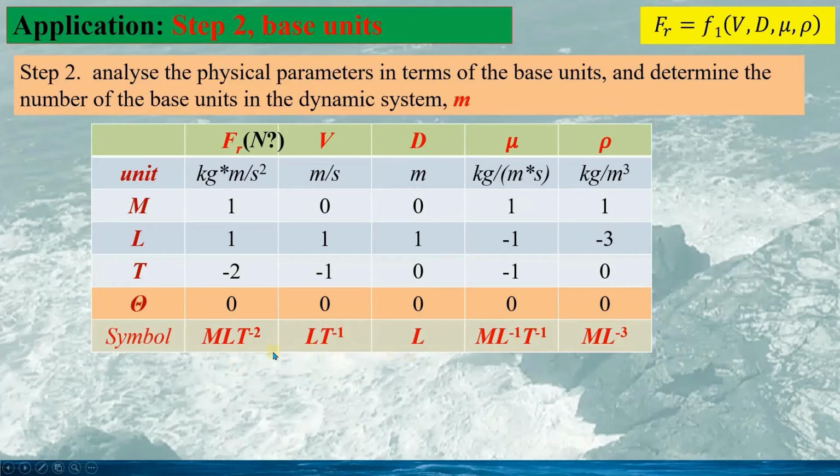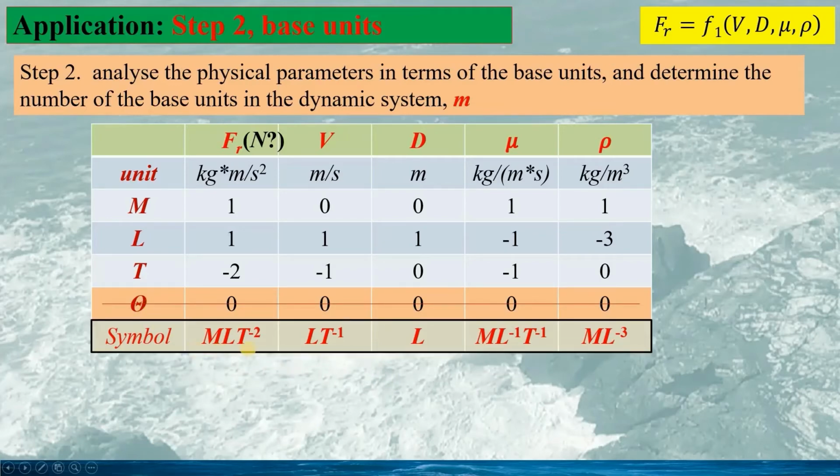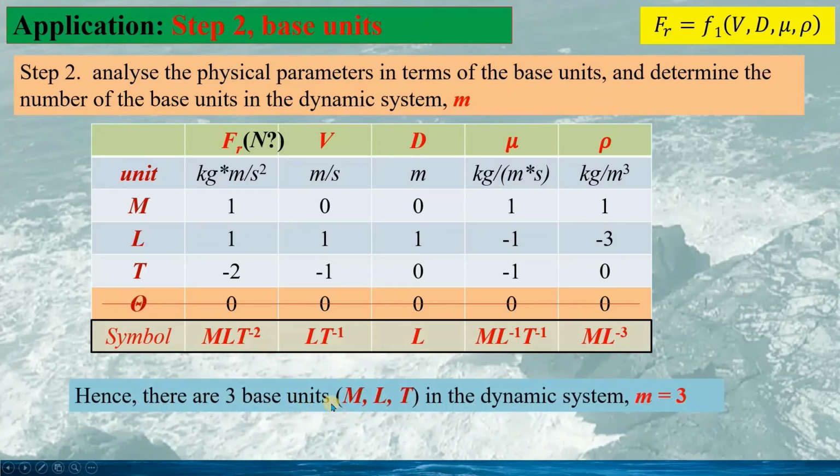So we can see from this table, in this problem, we don't use the unit temperature. And from these symbols, we can see we have 3 base units, mass, length, and time in the dynamic system. So m is equal to 3. That means in this dynamic system, we can use the 3 base units, mass, length, and time, to construct all the units of the parameters.